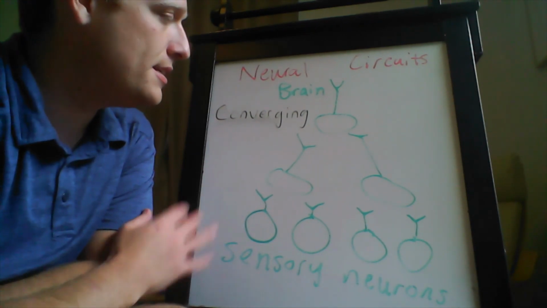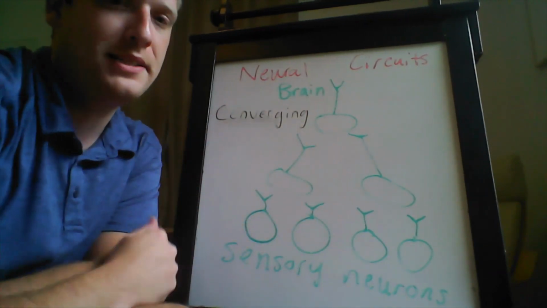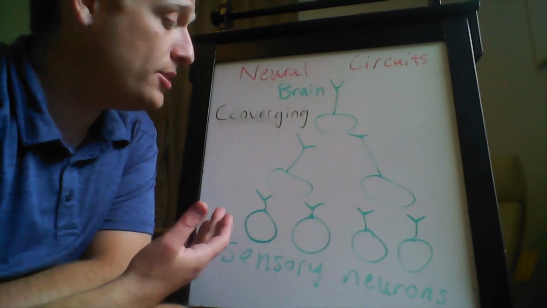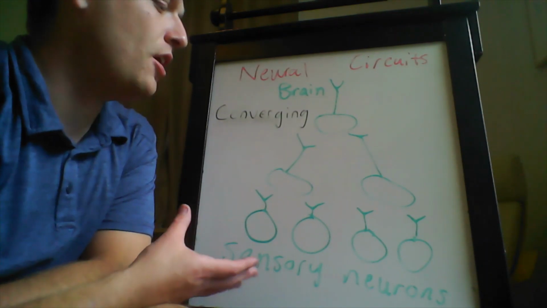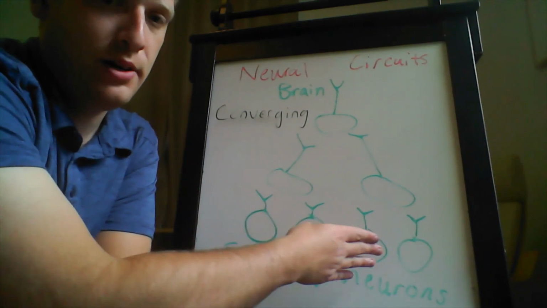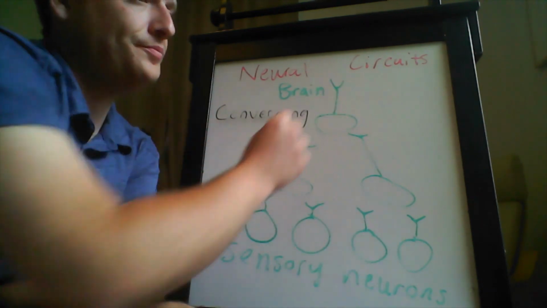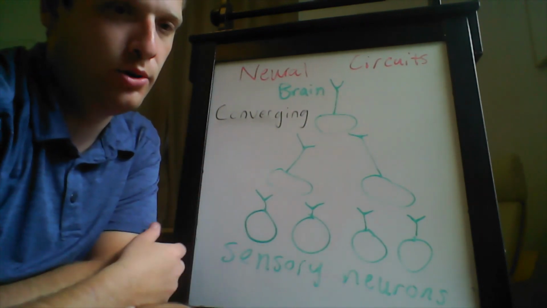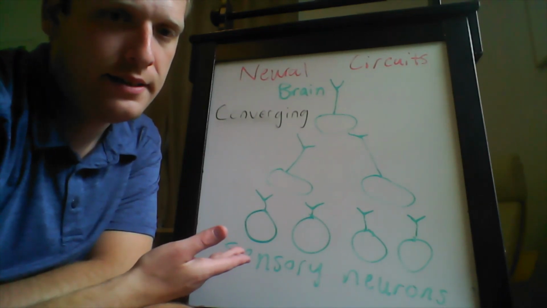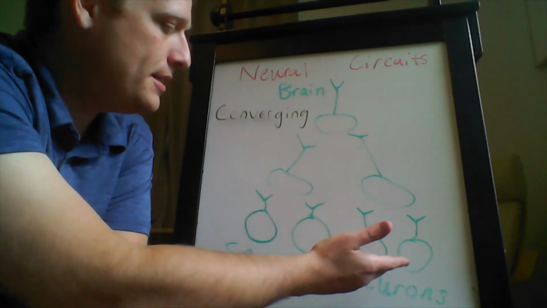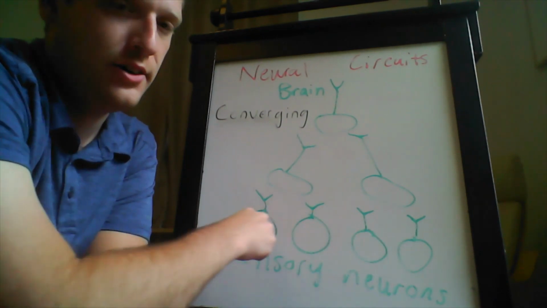And that's because the signal eventually has to go to a specific place in the brain. And so it's useful to have numerous sensory inputs traveling into a smaller and smaller pool of neurons until it gets to the place where your brain can process it. So here in this example, you have a bunch of sensory neurons.